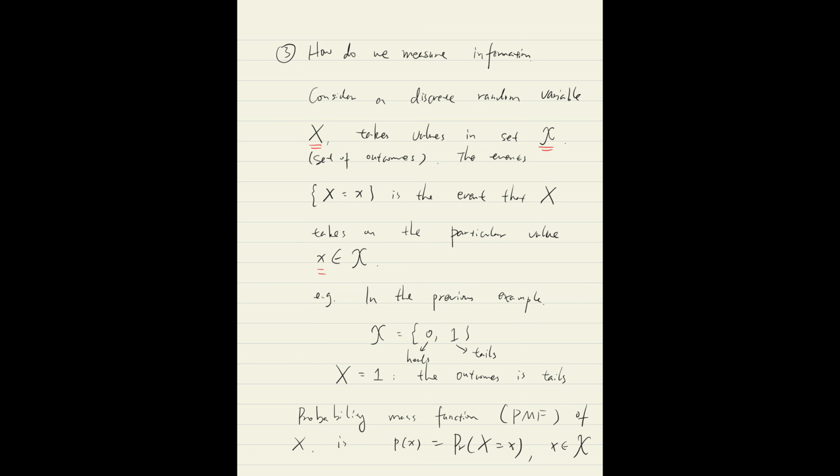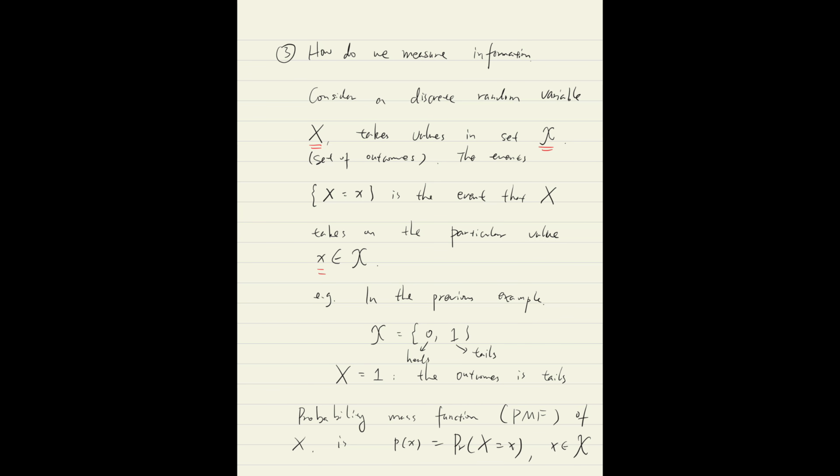And so now let's map this to our previous example, tossing a coin. Then we need to assign values to each of the events. Our calligraphic X, the set of all outcomes, we let be 0 and 1, because we have only two outcomes from one toss of a coin.